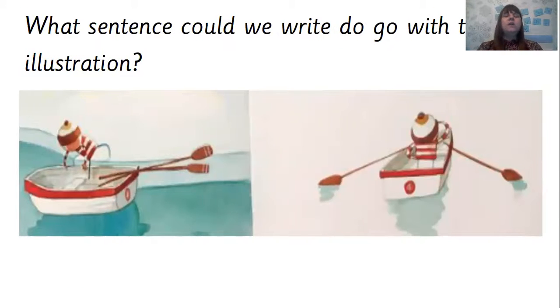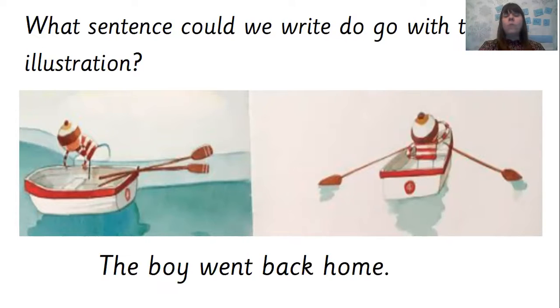So moving on to this sentence, here the boy is getting in the boat, he's rowing away. On this one, I'm just thinking, we're just going to write, the boy went back home. Everyone say it, the boy went back home. And we can write that one together, can't we? The boy went back home. So I've already written the boy.